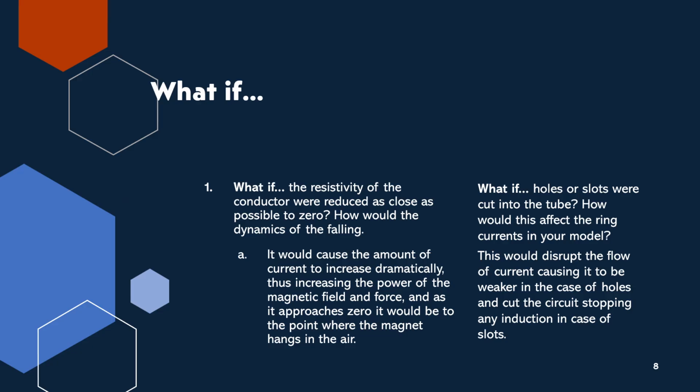Alright, so now what if the resistivity of the conductor was reduced to as close to 0 as possible? Well, if you recall, the induced current was found by taking the voltage and dividing that by resistance. And so as that gets smaller, that means the induced current gets bigger.